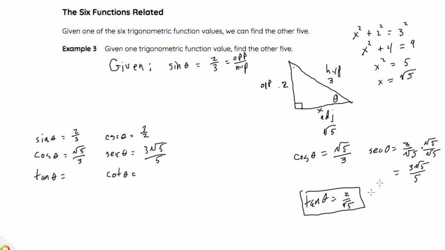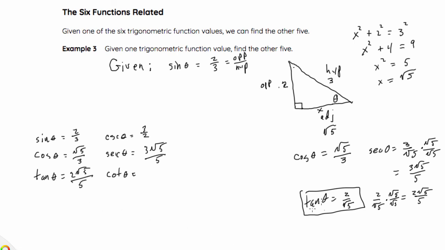So here's what we're going to do the first time. Let's just write down 2 over root 5 because that represents the tangent, and I have to rationalize that. So we multiply top and bottom by the radical, and we get 2 root 5 over 5. And we can write that down for the tangent. 2 root 5 over 5.